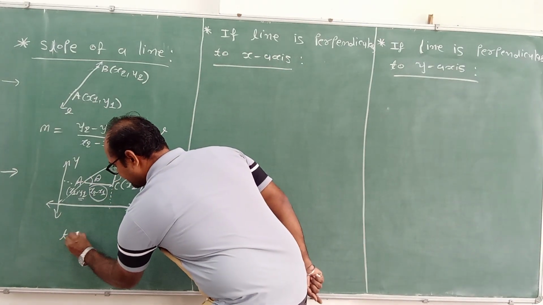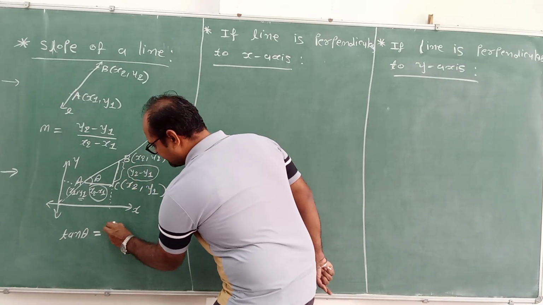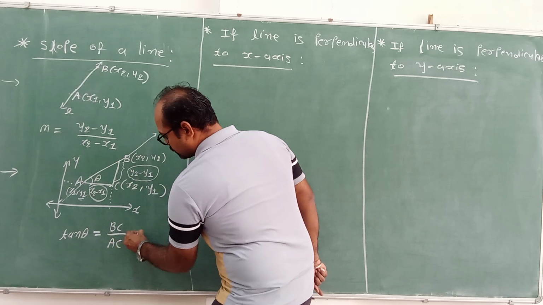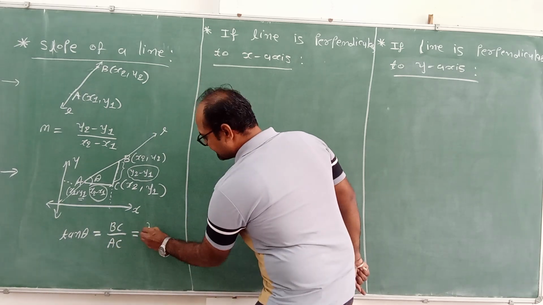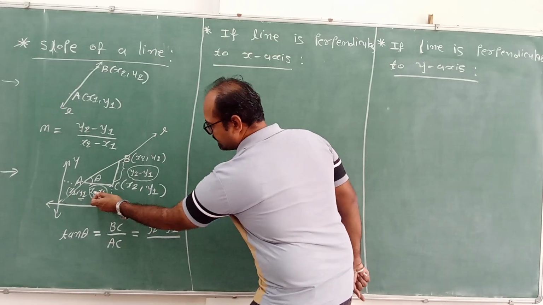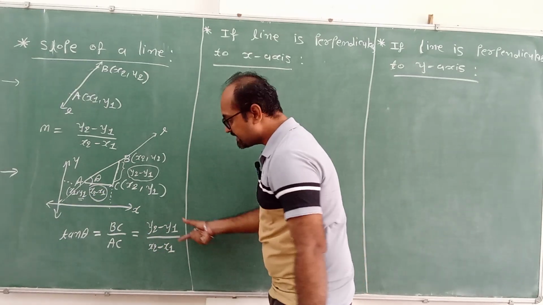Tan theta is equal to the opposite side BC divided by AC. So what is BC? BC is y2 minus y1, upon AC, which means x2 minus x1. But this is what?